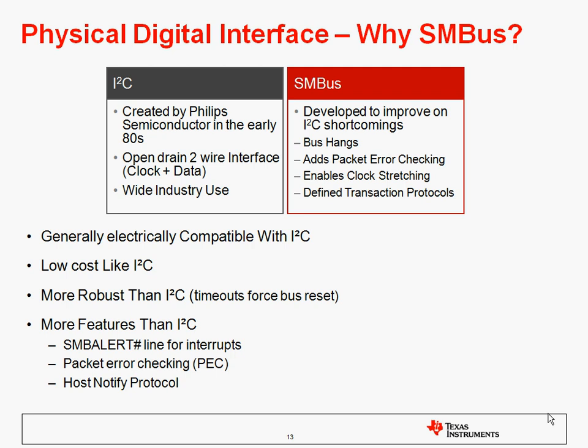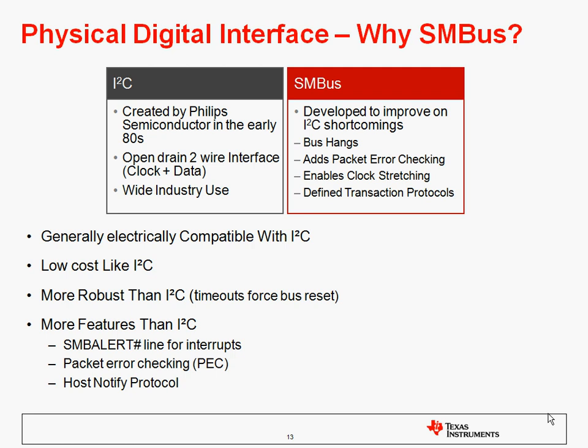So why SMBus? I2C has been around for quite some time, and it's fairly popular in the industry. And that's just a two-wire clock and data. So there's no alert with the I2C. SMBus builds upon this capability, and so it's low cost and generally electrically compatible with I2C, but it's more robust because it has an alert feature as well as a timeout.